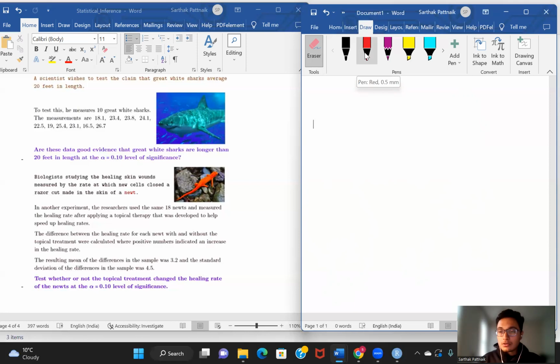So when we talk about one-sided alternate hypotheses in t-test, what we learned was that in the case of a one-sided alternate hypothesis, there can exist two conditions.